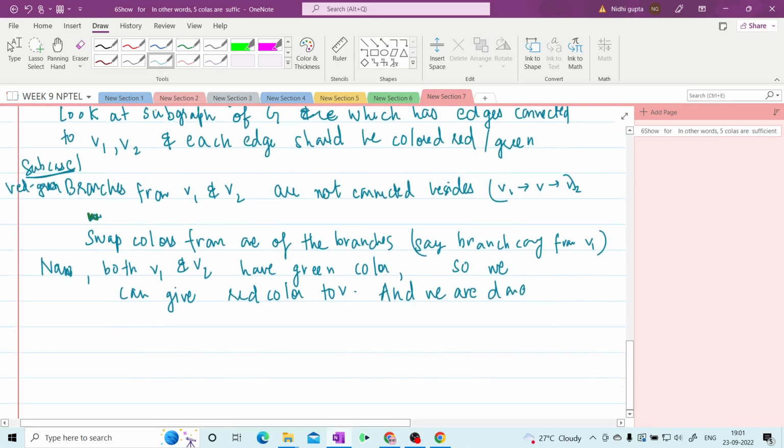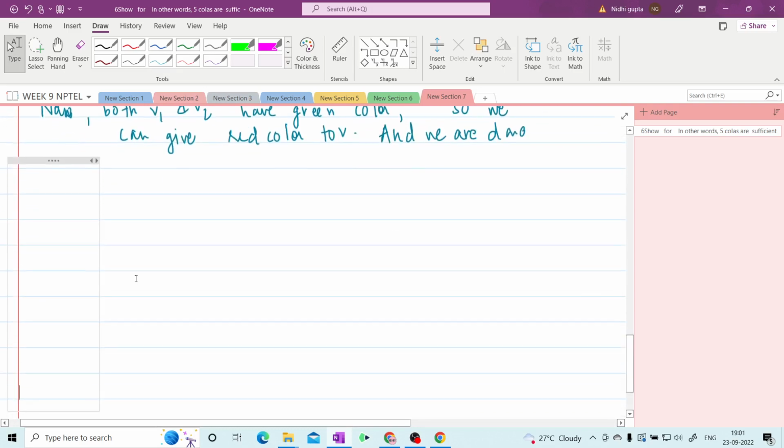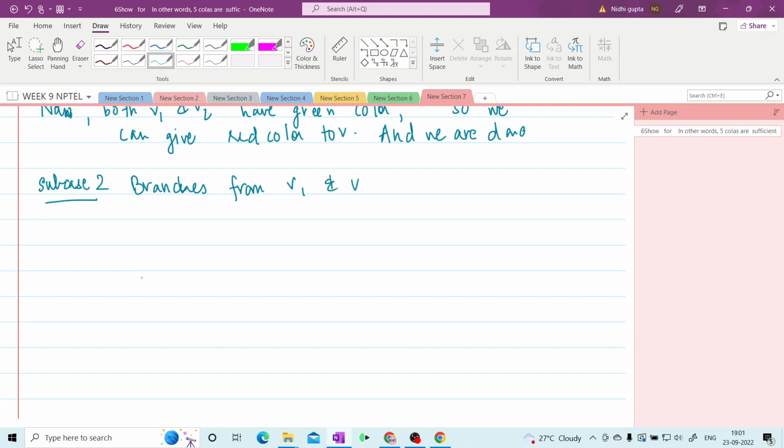Now subcase 2 is that the branches from V1 and V2 are connected non-trivially.